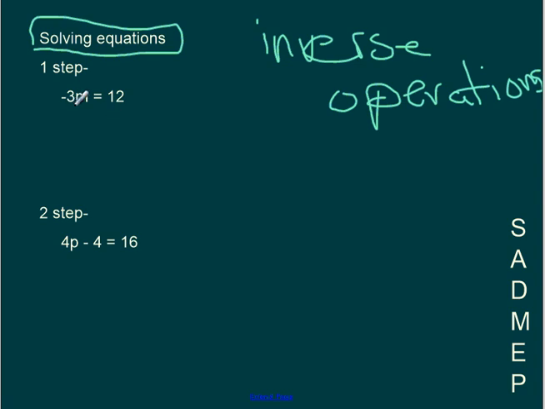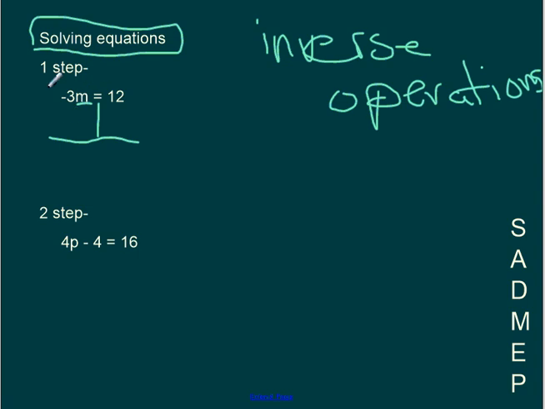So in order to solve this, there's a certain way that I want you to show your work. First of all, I want you to draw a little balance, okay? And then you have to figure out what is happening to my variable. What is happening to m? I have a negative 3 right next to it. And anytime I have a number next to a variable, that's multiplication.